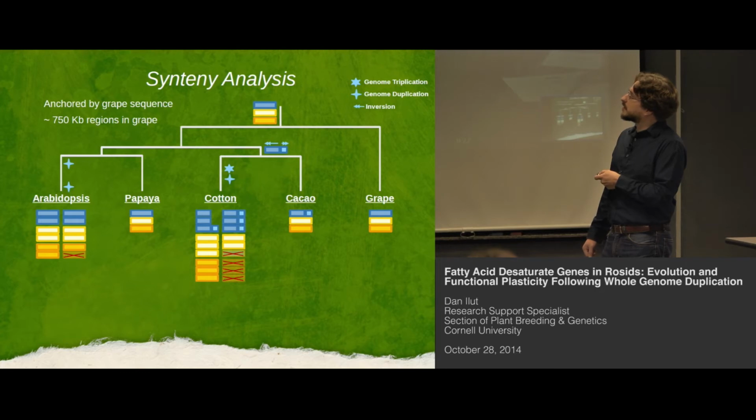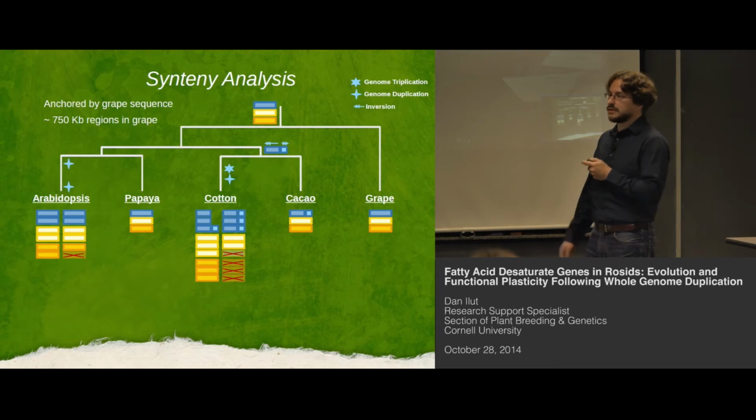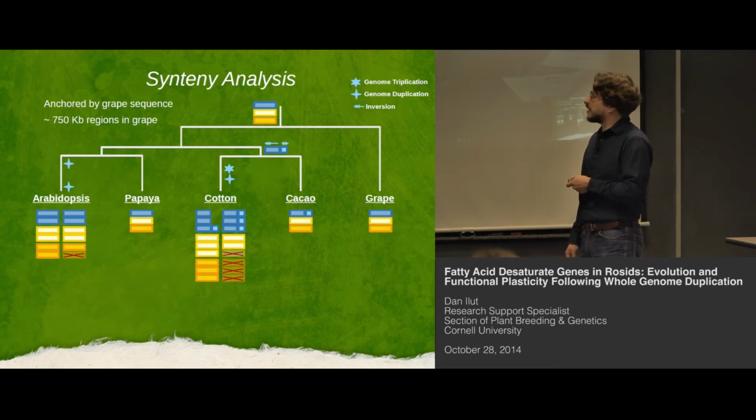For the ER copy, we have all 4 copies identifiable in Arabidopsis, 1 copy identifiable in papaya and grape, and there was an inversion of that region. This whole block right here was inverted in the ancestor of cotton and cacao, and cotton has lost a small region for a couple of them, but we can find all of the ER regions, ER-related regions, the blue regions, in all of the taxa.